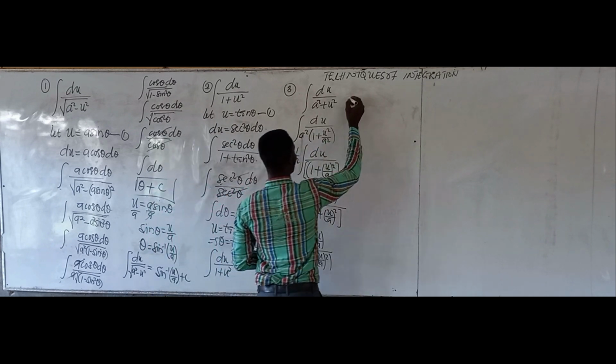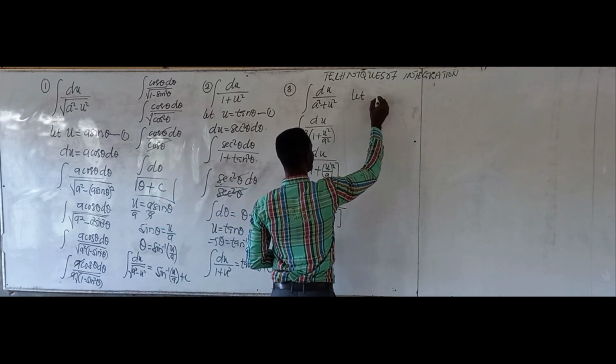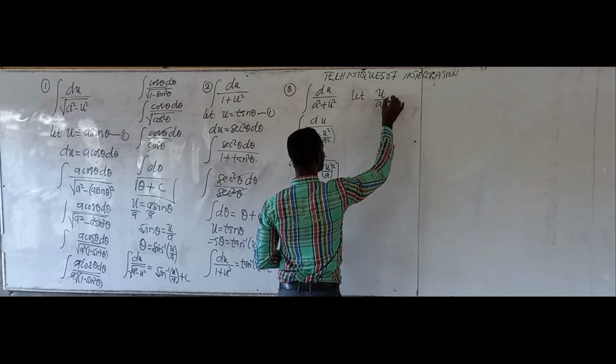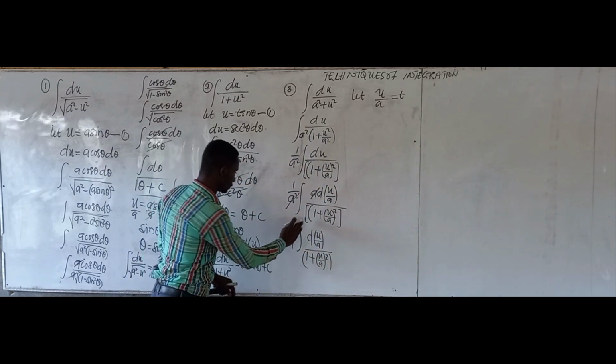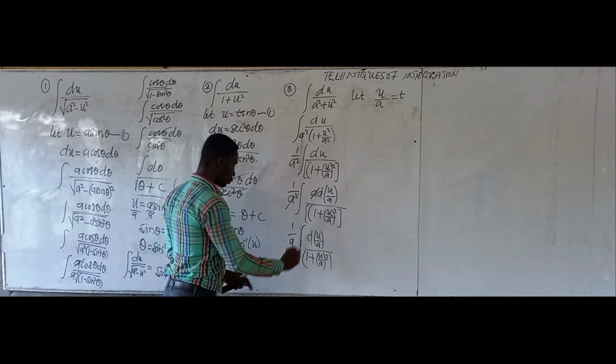Now let's let u over a be equal to t. If u over a is equal to t, what will I have?